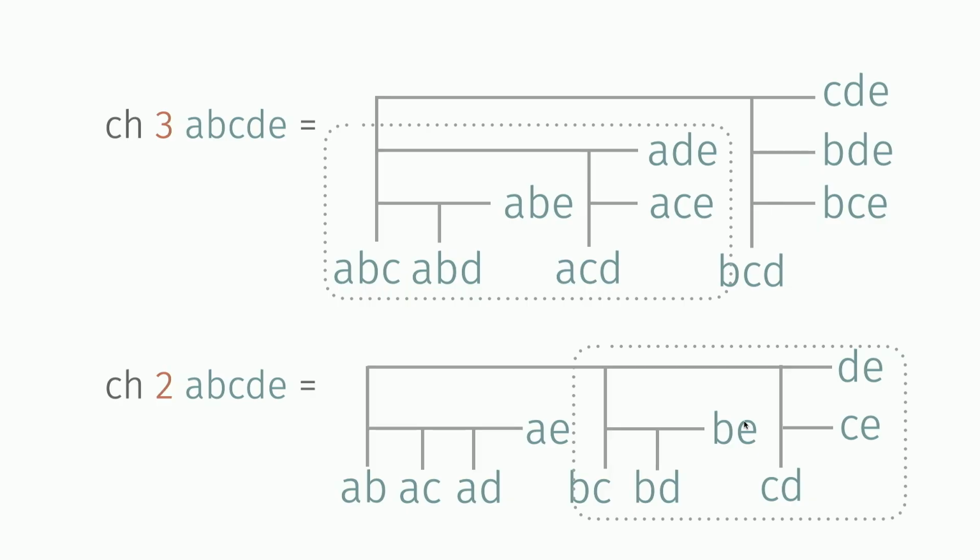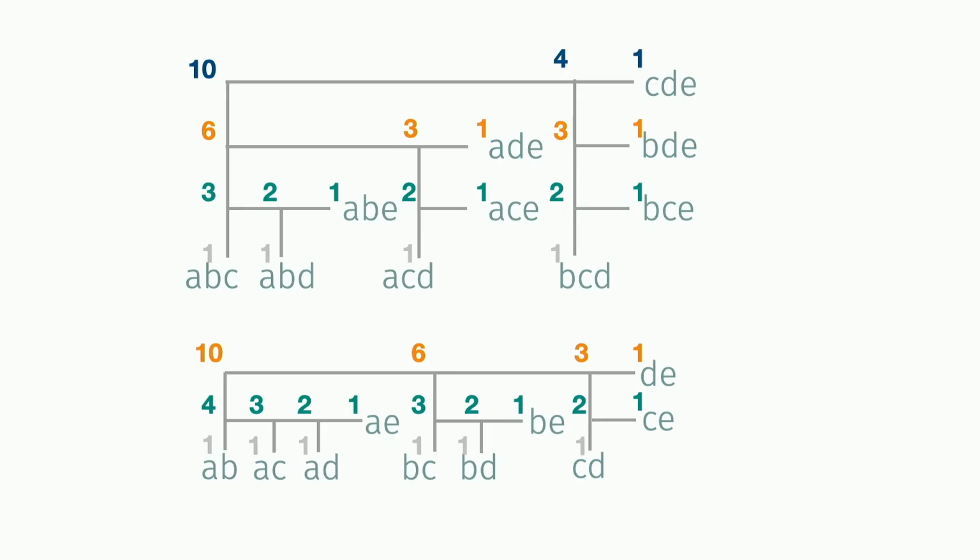Right, and then actually, if you compute the size of every subtree in the tree, you see this sequence of numbers. So in here you have from right to left 1, 2, 3, 4. You have 1, 3, 6, 10.